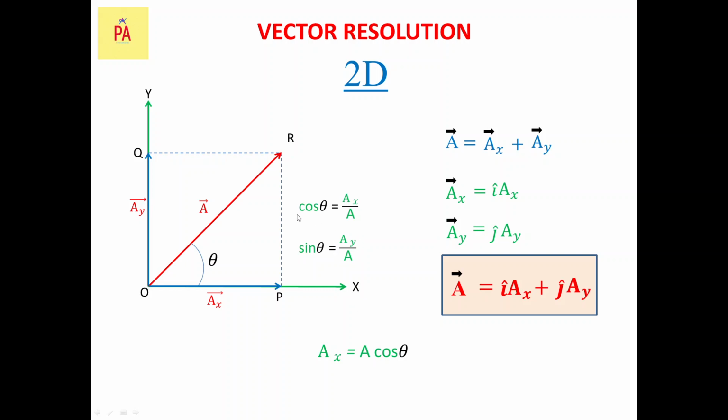Similarly for the sine component, which is also called the vertical component, while the cos component is the horizontal component, AY I can represent as A sin theta.